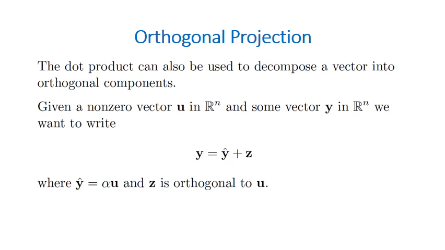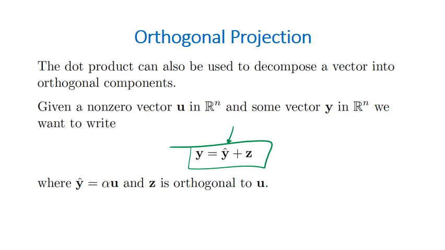So here it tells us that the dot product can also be used to decompose a vector into separate orthogonal components. So it's basically us working backwards. So here, if we have a non-zero vector u in Rn and some vector y in Rn, we may want to write y, so this is a vector where we have two separate pieces that are orthogonal to u.